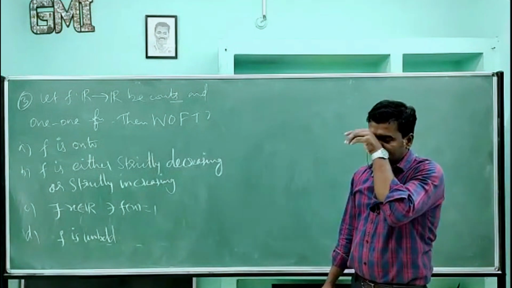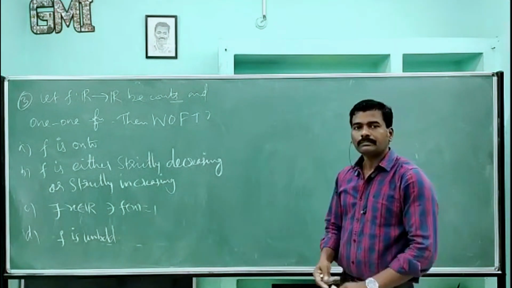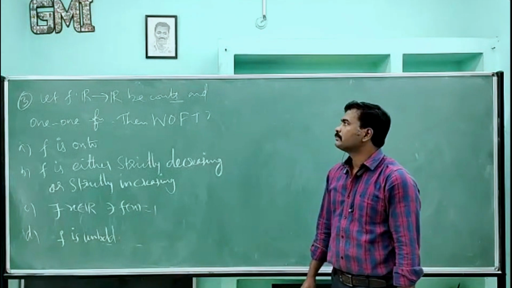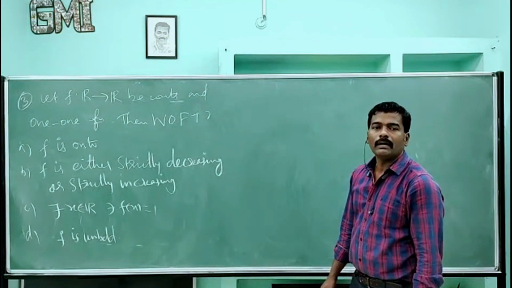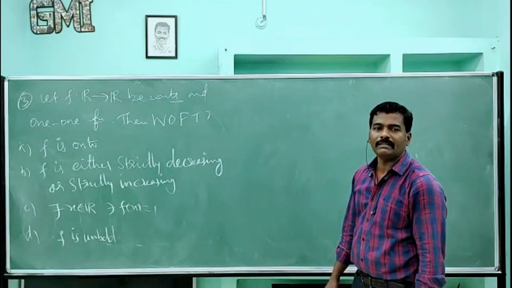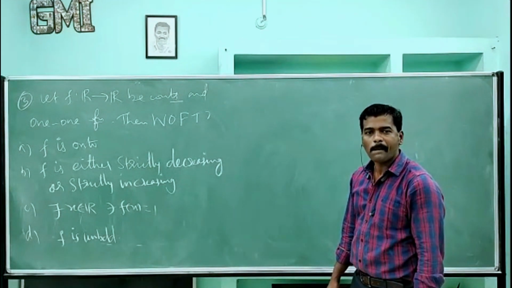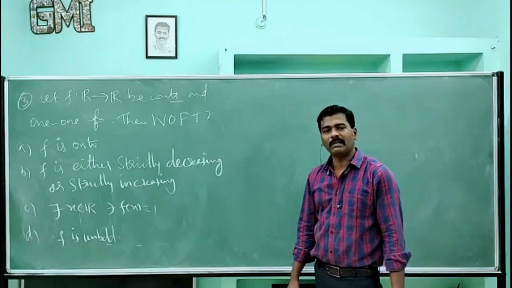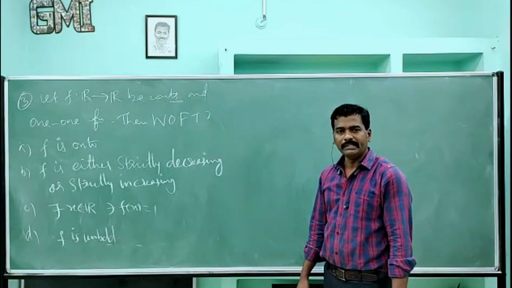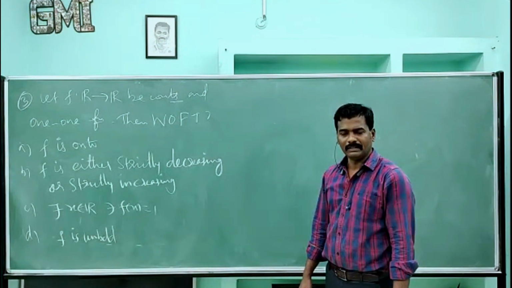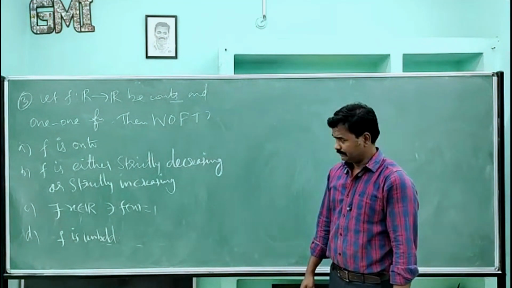Just guess and do it. AD. Come on, very good try. Come on. BC, B. People are trying. BC. Okay. Good, good try.